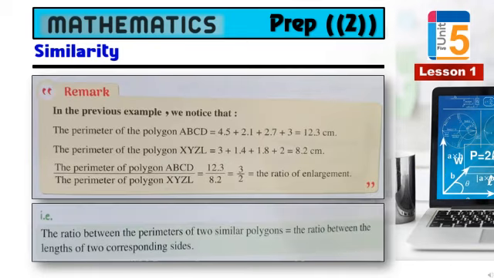From the previous example, note that if we get the perimeter of the first polygon ABCD and the perimeter of the second polygon XYZL and then divide them, the result is the ratio of enlargement equals 3 over 2. So it means the ratio between the perimeters of two similar polygons equals the ratio between the lengths of two corresponding sides.